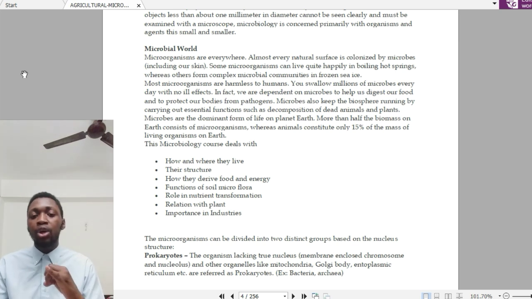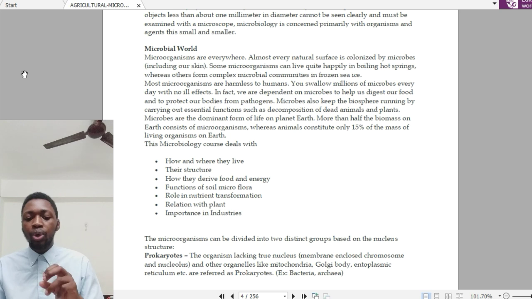Another group of microorganisms is the eukaryotes. Eukaryotes are those organisms possessing a membrane-enclosed nucleus and other cell organelles.